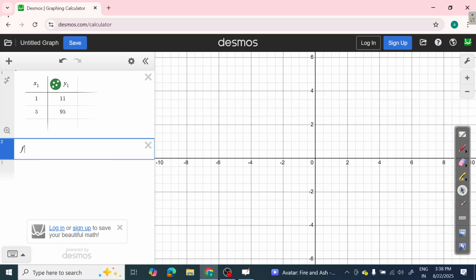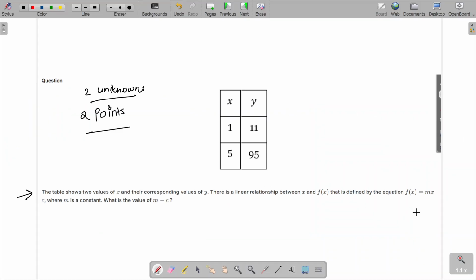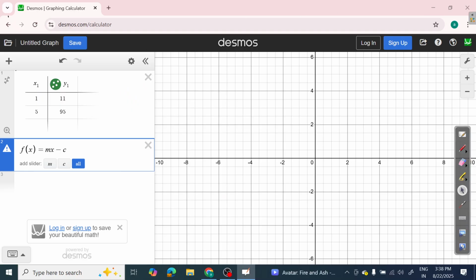The function is f of x equals mx minus c. Let me check once. Is it? Yes. But there are a few changes that you need to make. Since we are doing regression, we will use the regression sign. This is the regression sign. So how will you use it?